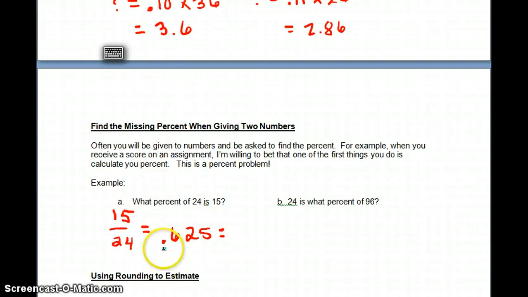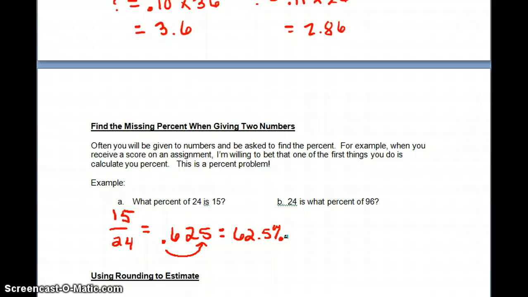We learned that we move that decimal point 2 places to the right, and we get 62.5%. So if this was a test, you would have gotten a 62.5 on that test. If you were talking about what's your percentage of basketball shots made, you made 62% of your shots.